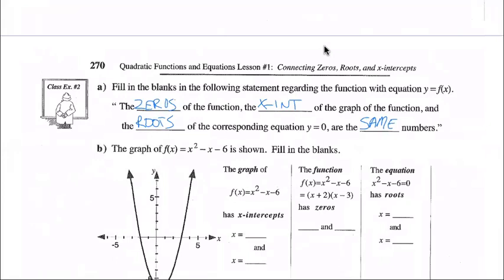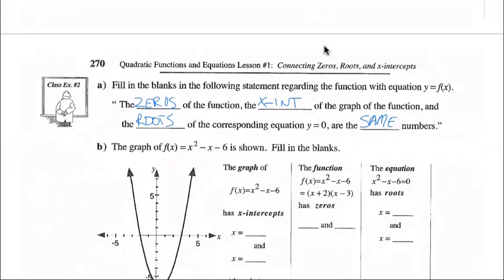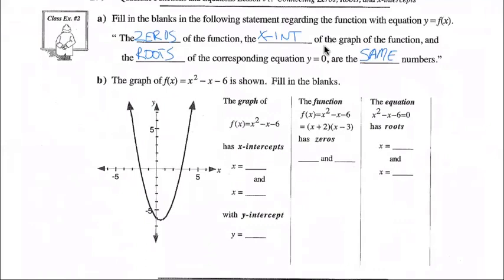And here's our graph again. Fill in the blanks. The graph of the function f of x equals x squared minus x minus 6 has x-intercepts equal to -2 and 3 and a y-intercept of, looks like, -6.